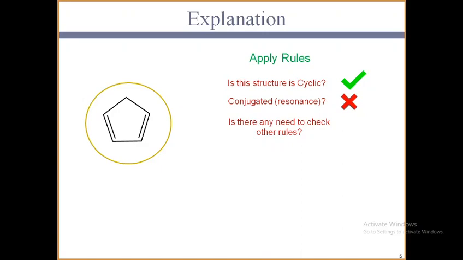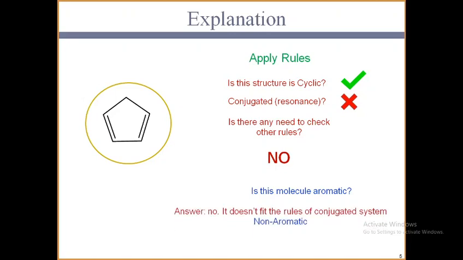No. According to our steps, if any compound fails at the first step or the second step, then it is non-aromatic. So there is no need to check the number of pi electrons, and straight away this molecule is non-aromatic as it doesn't fit the rules of the conjugated system.